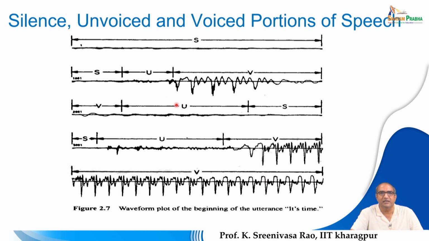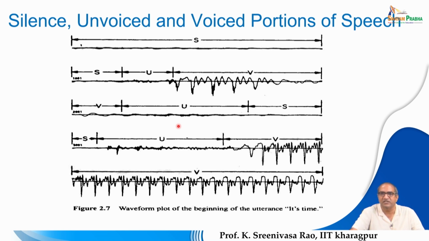At other parts you can see a signal with smaller amplitude but with some random fluctuations, a noise kind of thing. You can observe it in the second subplot at the beginning, in the third subplot in the middle, and in the fourth subplot also in the middle portion. These random fluctuations in the time domain signal are due to noise excitation, or unvoiced excitation.